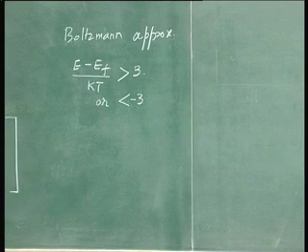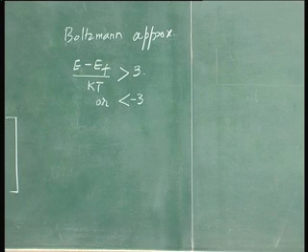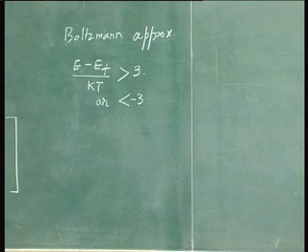That is, E is above EF by more than 3 times KT, or E is below EF by more than 3 times KT. In such a case, this approximation holds.